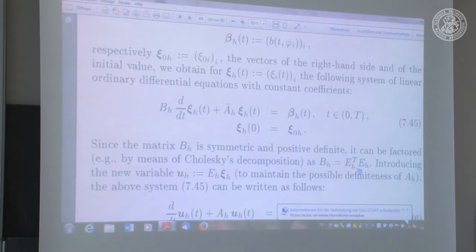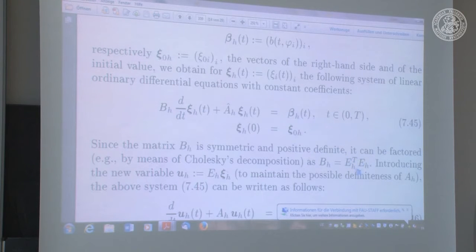We can decompose this matrix into a matrix transpose times a matrix. Cholesky means it can even be done in such a way that this matrix E is an upper triangular matrix. That's not really necessary; we need only any such decomposition.